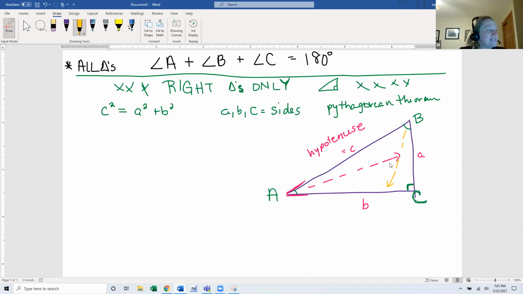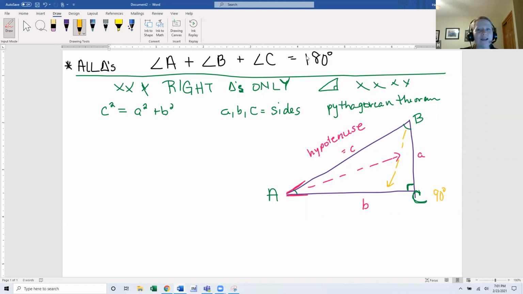So another thing to think about with triangles just in general, before we start talking about the trig functions, is that angle C, which is 90 degrees here, takes up half of my 180, right?